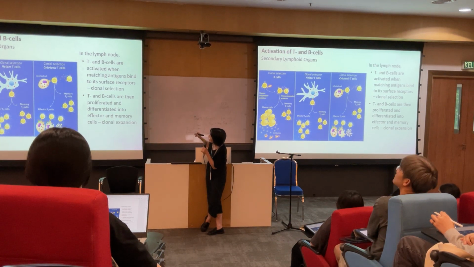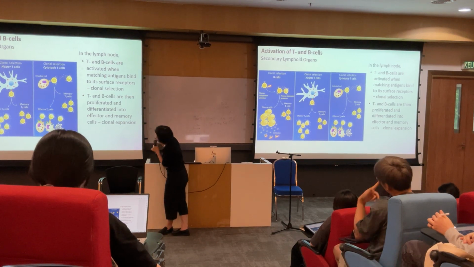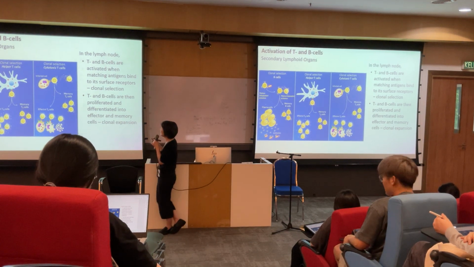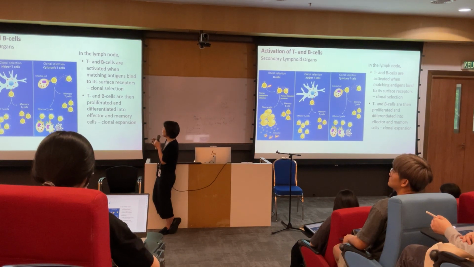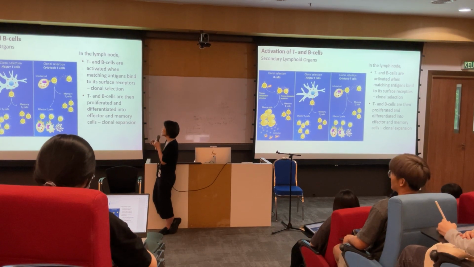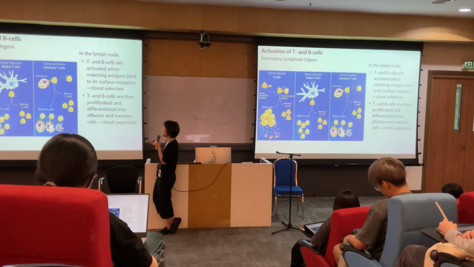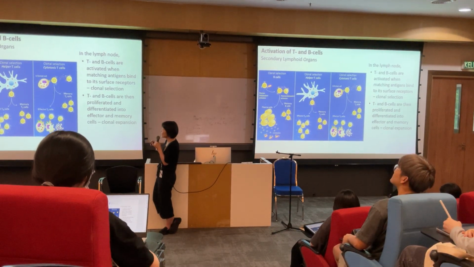One is thymus independent activation, meaning that without T cells, it can be activated. It undergoes clonal expansion, meaning that the cells start to proliferate a lot and then differentiate into plasma cells. So remember, plasma cells are the mature cells that produce antibody.